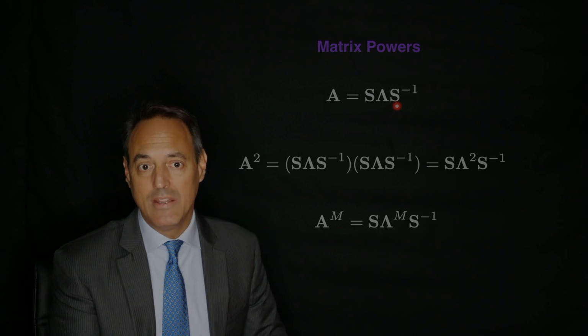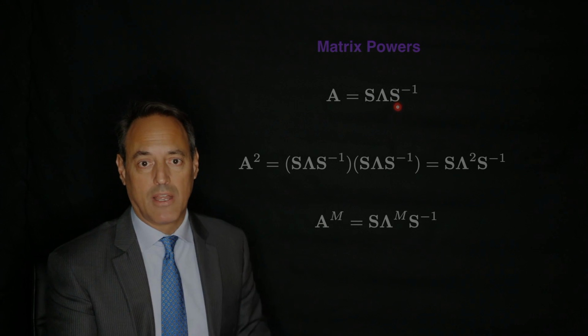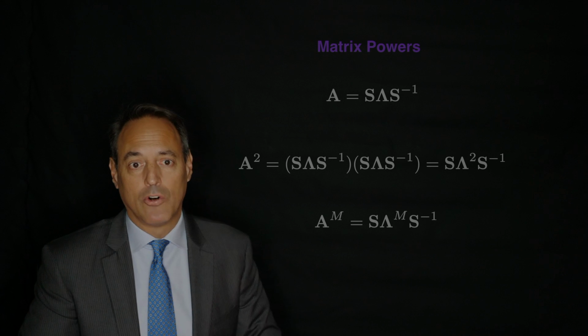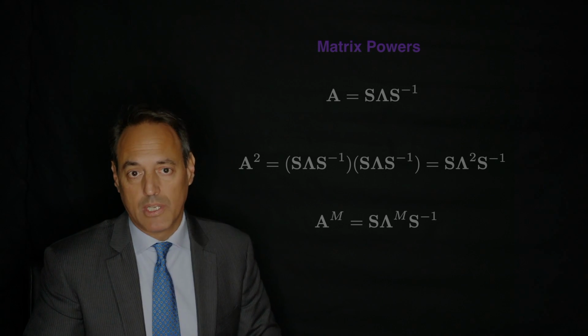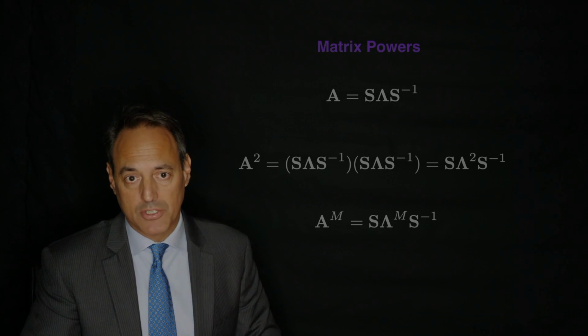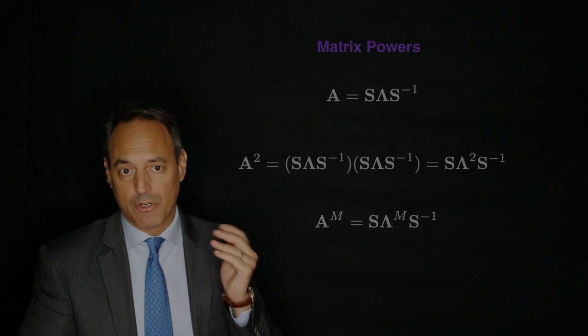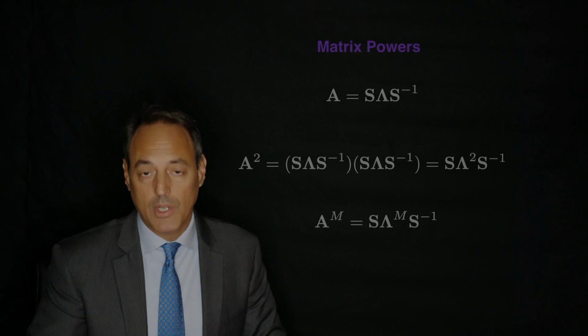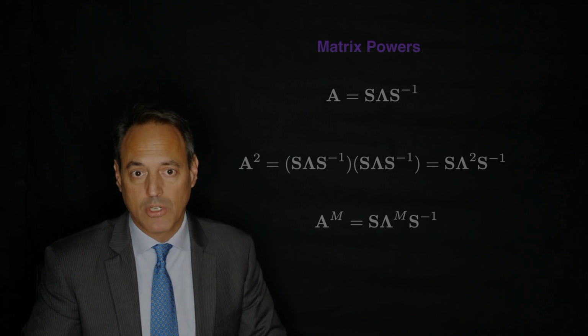In other words, once I've moved into my eigenvector coordinate system, I'm sitting along these directions where it's diagonal behavior. This is really critical for many applications in differential equations as well as even computations that I'm going to show you here.